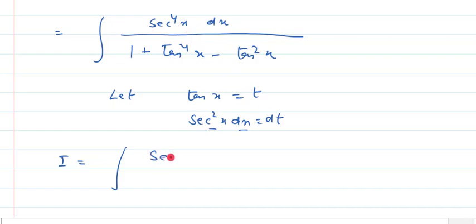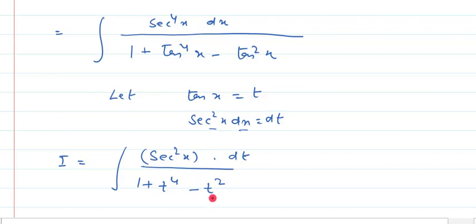So we are left with secant square x over here into dt upon 1 plus t power 4 minus t square. But you know very well that we can't move in two variables.